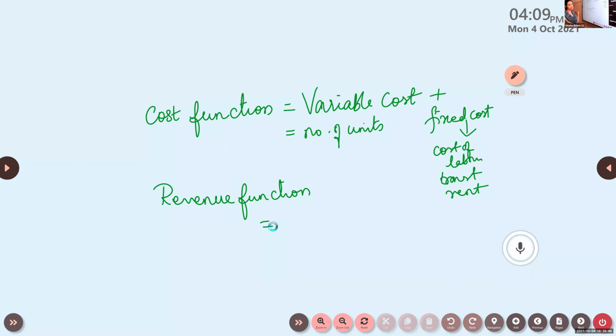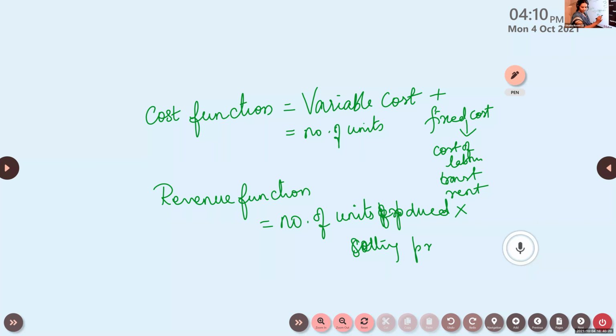Revenue function will be given by the number of units produced into the selling price of one item.